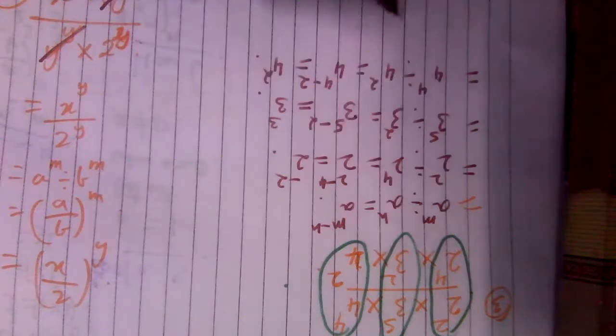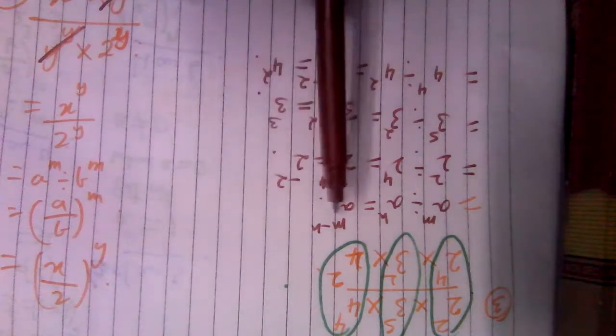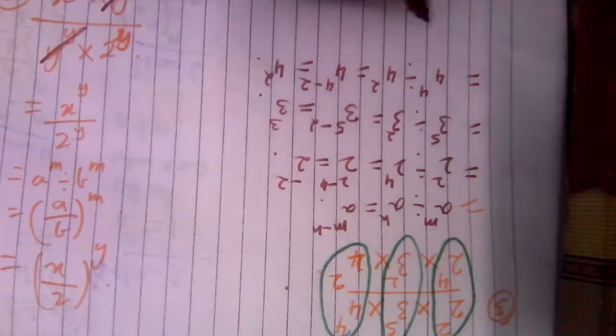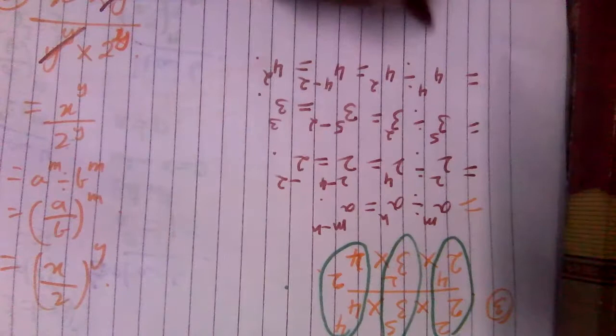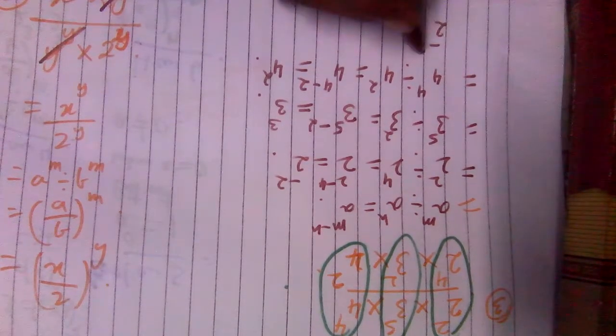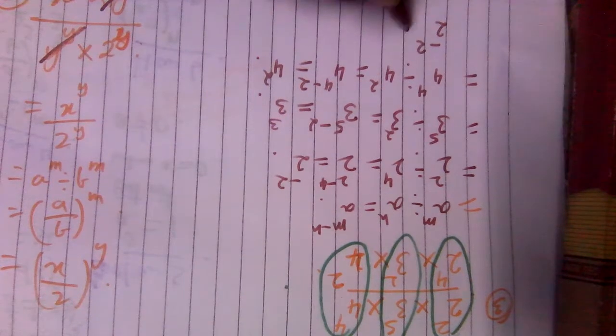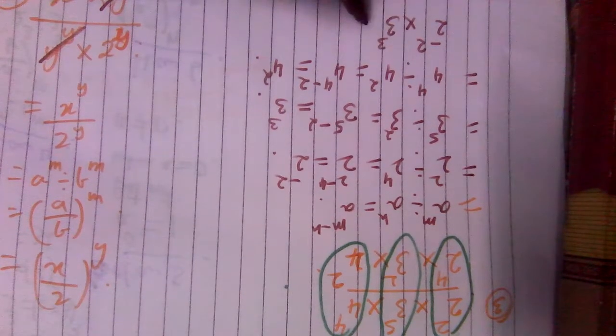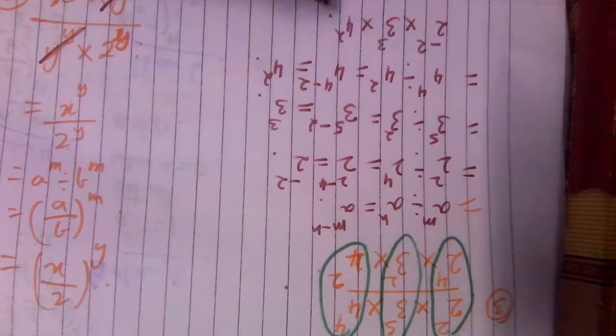And we have got the answer, as we should always get the answer. Okay, so the answer will be like this: 2 to the power of minus 2 into 3 to the power of 3 into 4 to the power of 2.